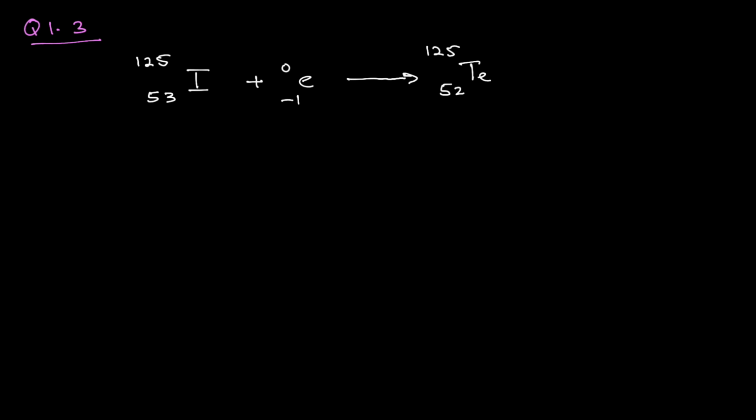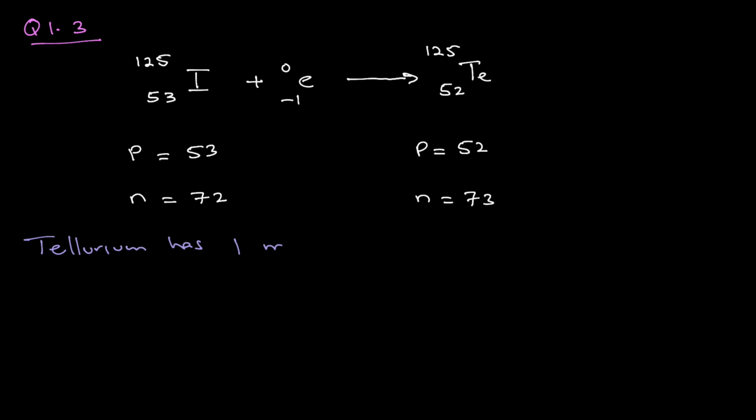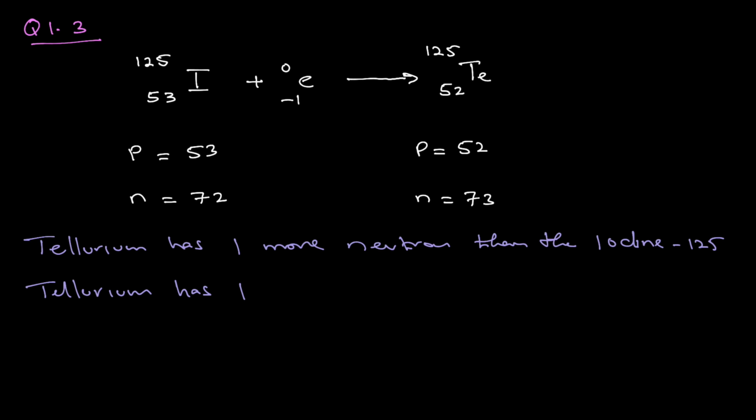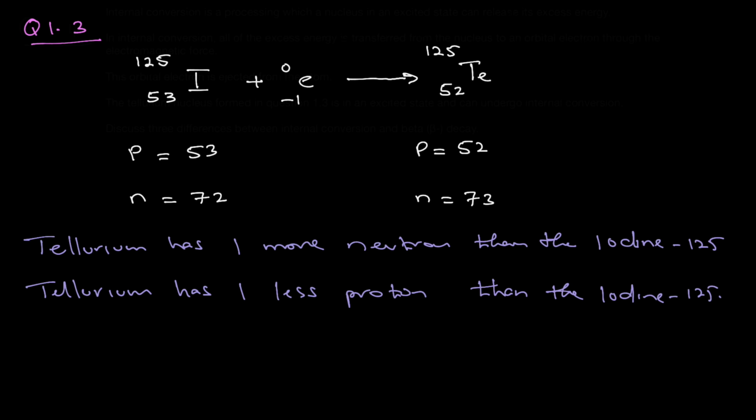If you look at iodine, the proton number is 53 and the neutron number is 72. The proton number for tellurium is 52 and the neutron number is going to be 73. So tellurium has one more neutron than iodine-125, and tellurium has one less proton than iodine-125.